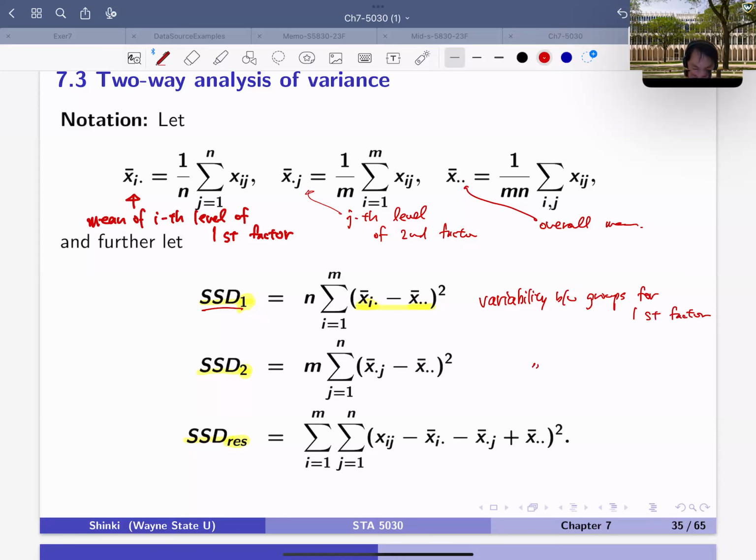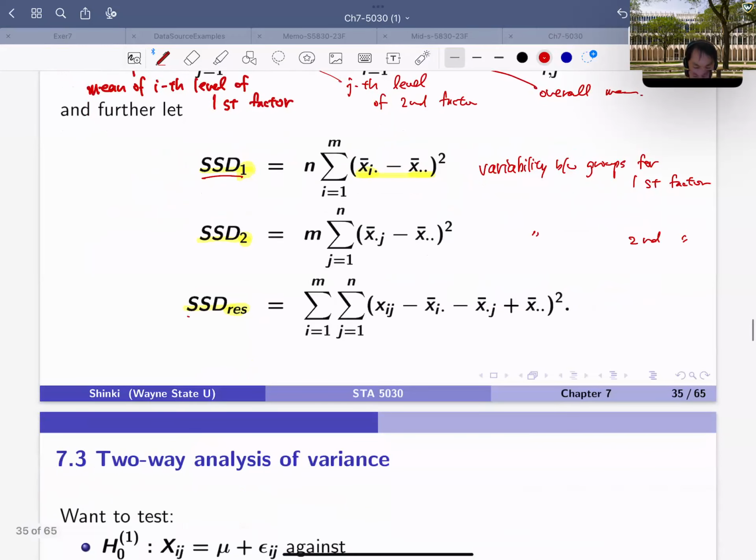And the second one, SSD2, is similar: variability between groups for the second factor. And SSD residual is basically the variability after accounting for the two factors.